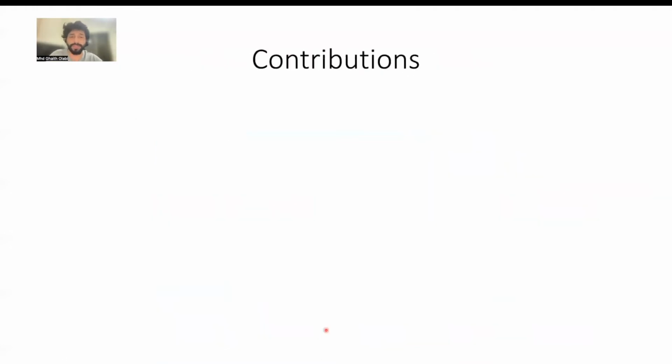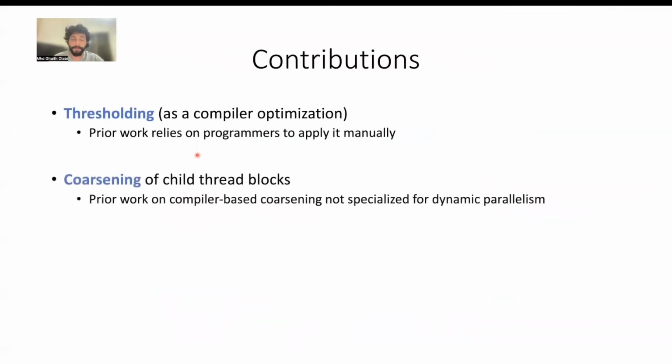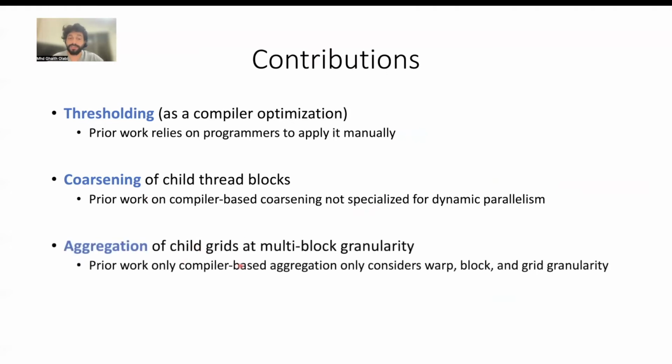Our contributions: we present thresholding as a compiler optimization. Prior work relies on programmers to apply thresholding manually. Second, coarsening of child thread blocks. Prior work on compiler-based coarsening is not specialized for dynamic parallelism, so we introduce it in the context of dynamic parallelism. Third, aggregation of child grids at multi-granularity.